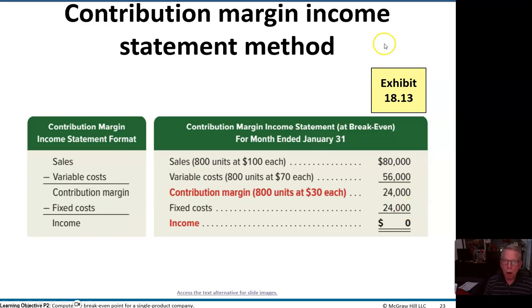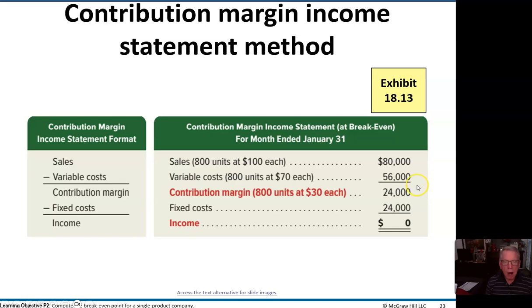All right, contribution margin income statement. Here we have sales minus variable costs, which gives us our contribution margin, and then we subtract our fixed costs and we get income. In this case, looking at what we just calculated at break even, we had sales of 800 units at $100 each, $80,000.